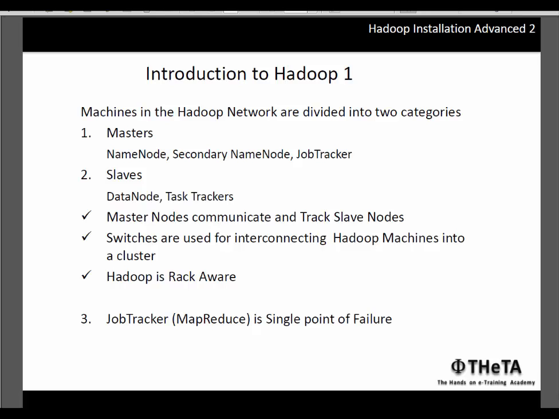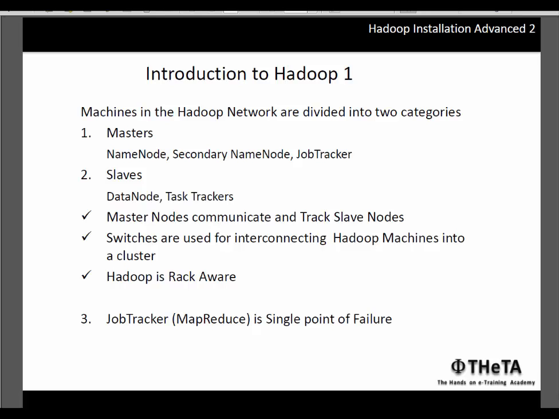So if you see in Hadoop 1, we have master node for HDFS as name node, and there is a standby name node called secondary name node. In case of failure of the name node, the secondary name node can be brought over. It is an active passive mode of failover, right? It's a kind of high availability implementation between name node and secondary name node.